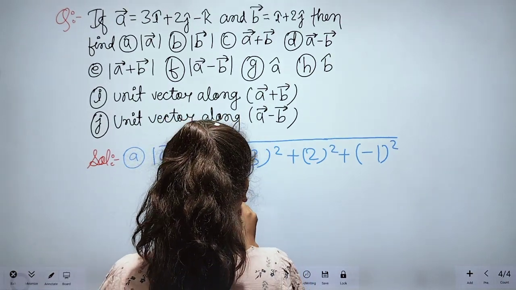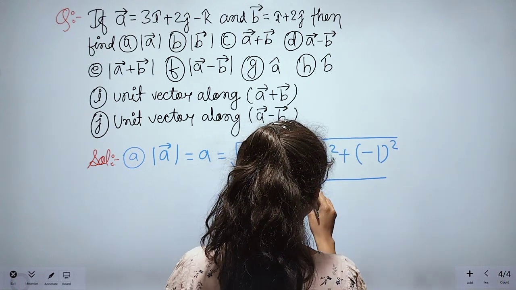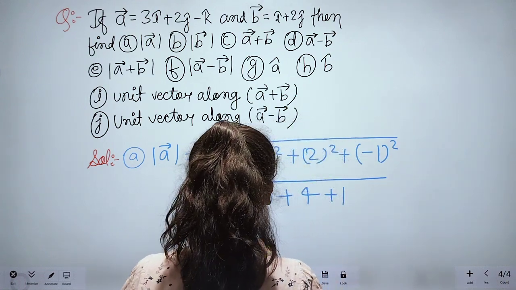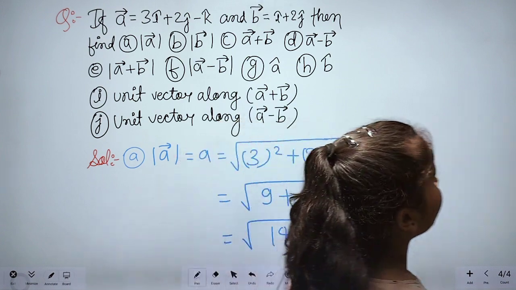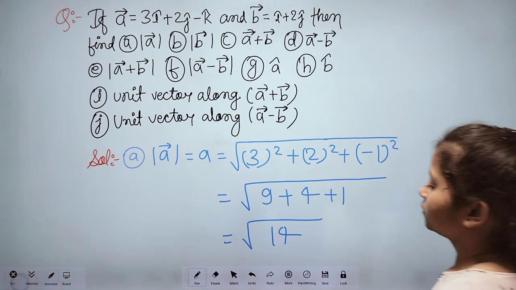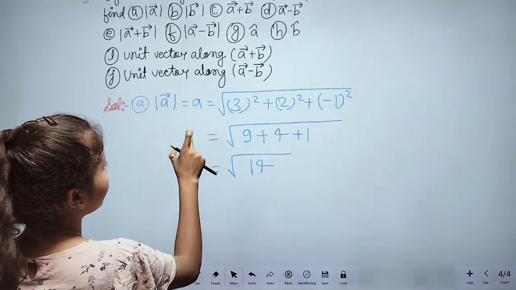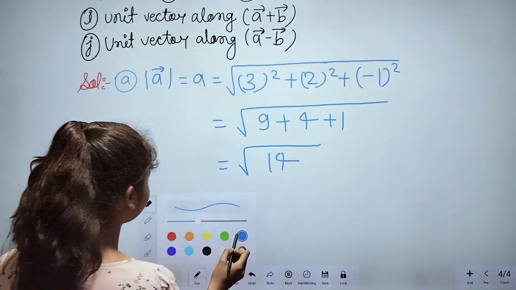And now let's solve this: root under 9 plus 4 plus 1, which is root 14. I hope you understand that the magnitude of A vector is root under the sum of squares of the coefficients of i cap, j cap and k cap.